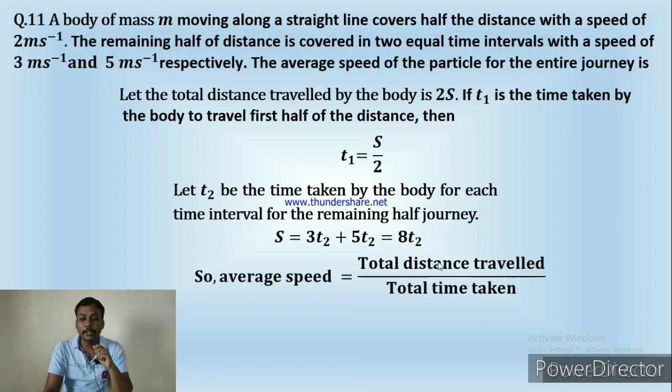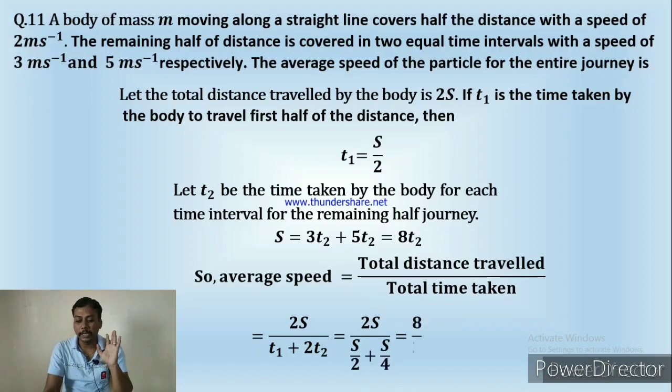Now average speed is total distance travelled upon total time taken. So total distance is s plus s, 2s, and time taken is t1 plus 2t2, because there are 2 intervals. So 2s upon s by 2 plus s by 4, and the final answer is 8 by 3 meter per second.